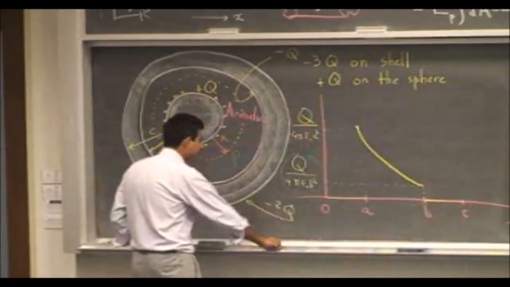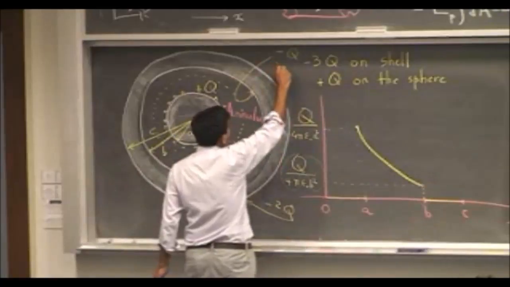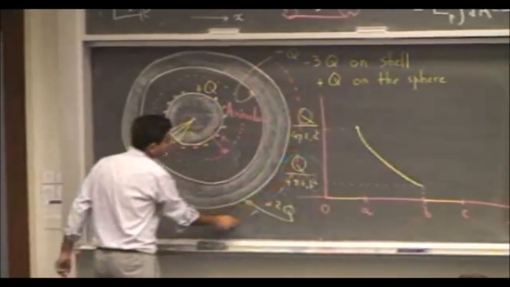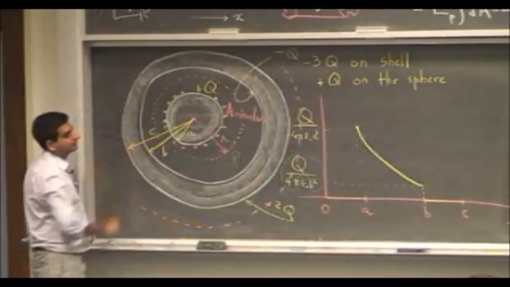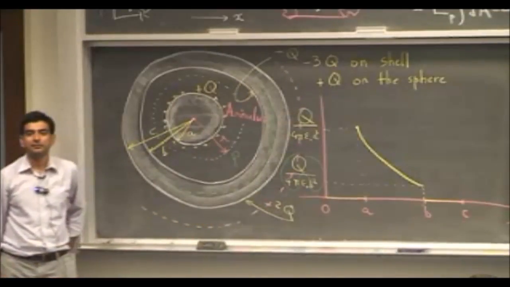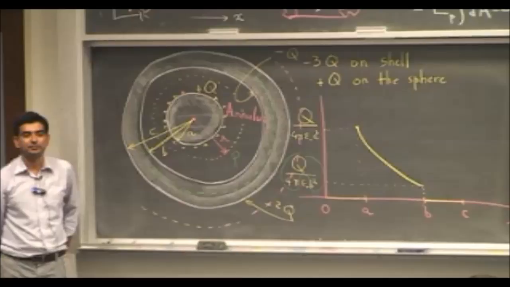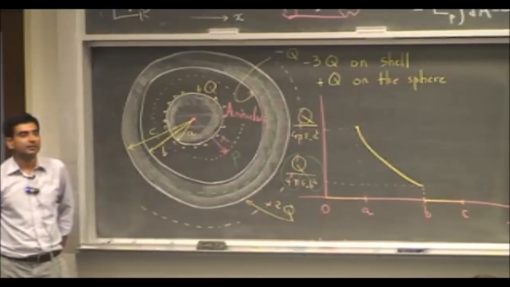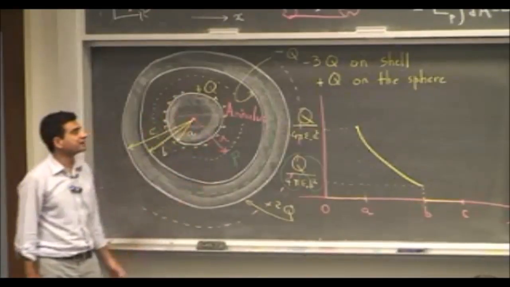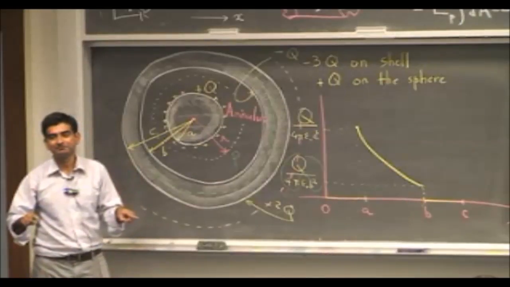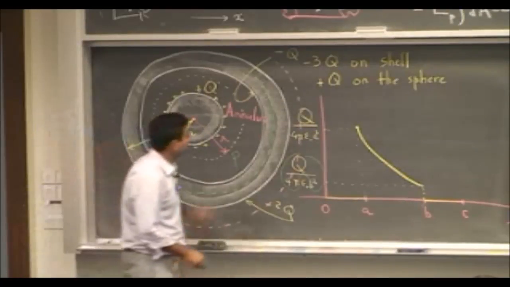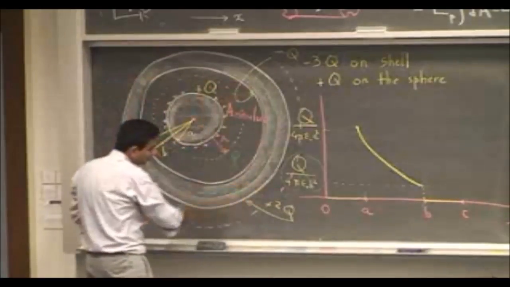Now what is the electric field outside this sphere? This should be something that you should all be able to tell me. The total enclosed charge now is minus 2q, right? So it's a negative charge inside this Gaussian surface.